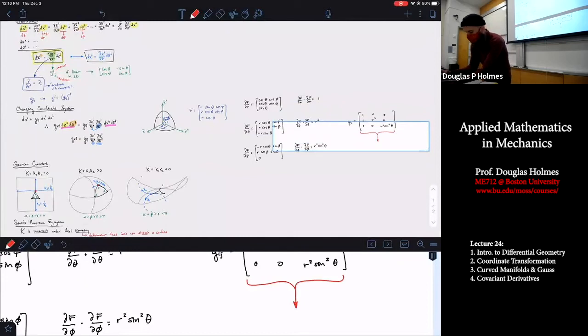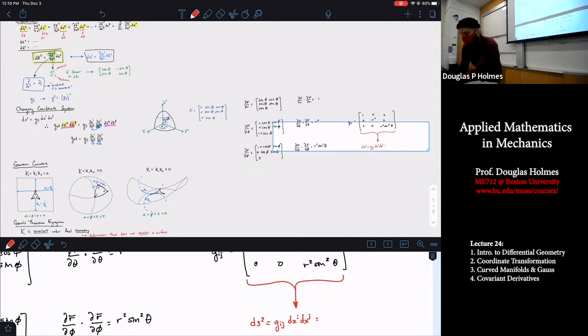So our metric tells us, if I write out ds squared equals g_ij dx^i dx^j, oops, ran out of space. So our metric tensor in spherical coordinates tells us that the line element is going to look like this. And we know that we can parameterize our coordinates as r, theta, and phi. And we know what our metric tensor is.